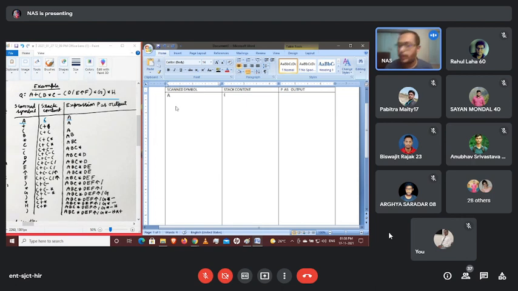Since A is an operand, A will be on the output side. Okay, no issues there, I guess. Next, the symbol we are reading is plus. After reading plus, where will plus go? On the stack.